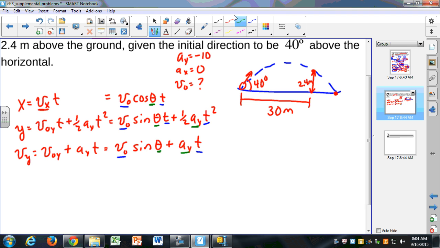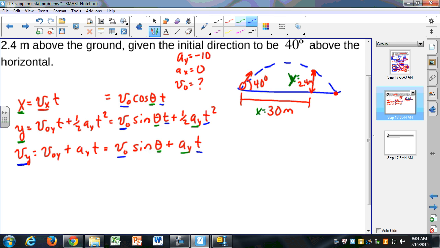Oh, actually, I didn't list all of my knowns. What are some other things that I know? I forgot these over here. I know x and I know y, right? This is my y value, and this is my x value. Let's see, I don't know vy.